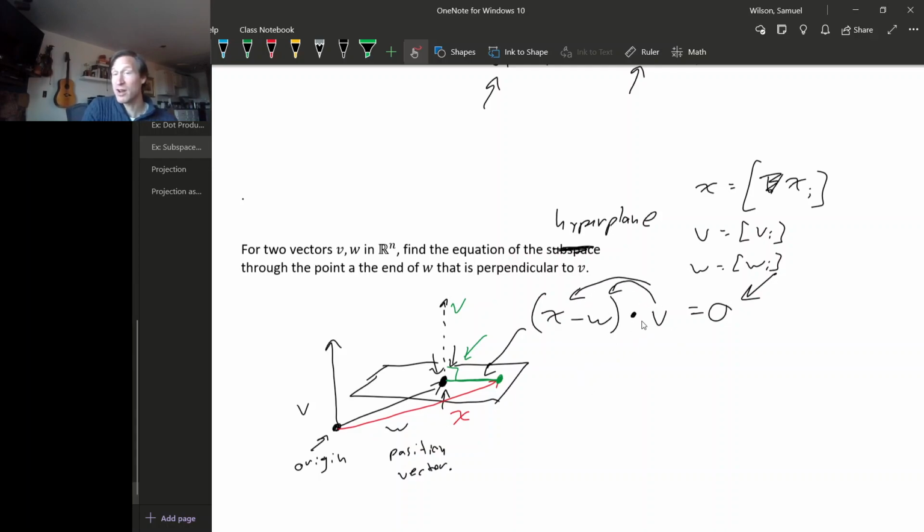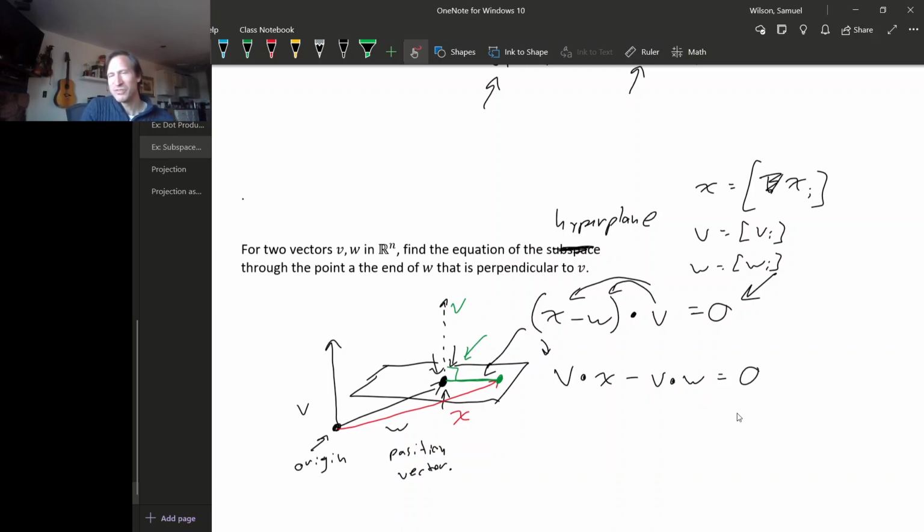So remember, the dot product distributes. So this would give us v dot x minus v dot w. And actually here I've also used the commutativity of the dot product, right? This first term should be x dot v, but the dot product is commutative, so I just turned it around because I felt like it.